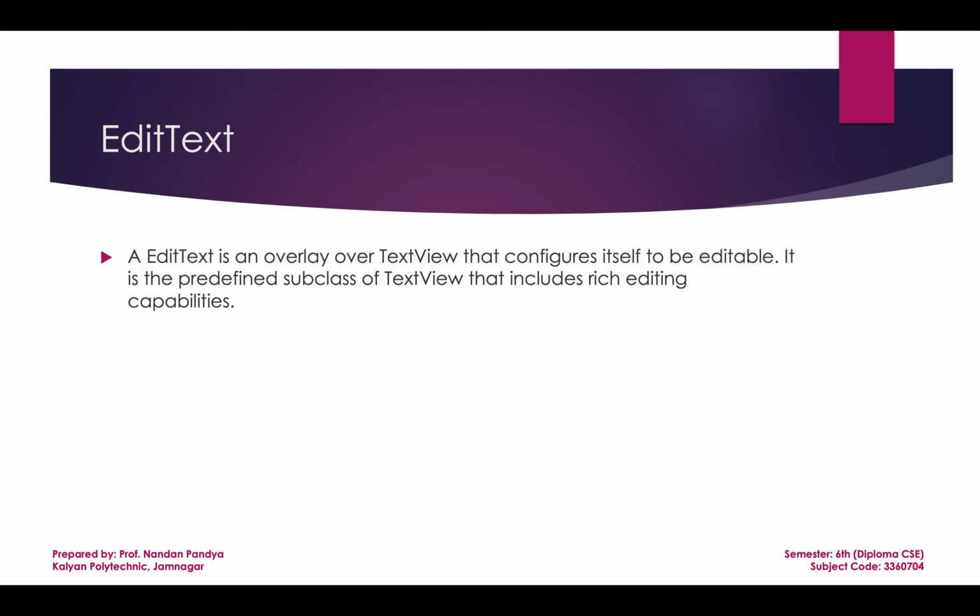Next control is EditText. This is a user interface control which is used to allow the user to enter or modify text. While using the EditText control in our Android applications, we need to specify the type of text the field can accept.